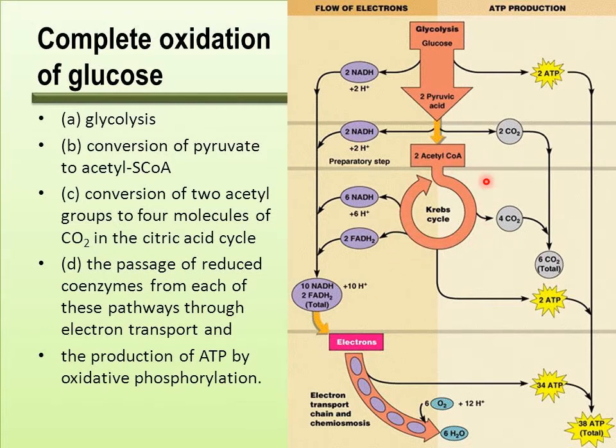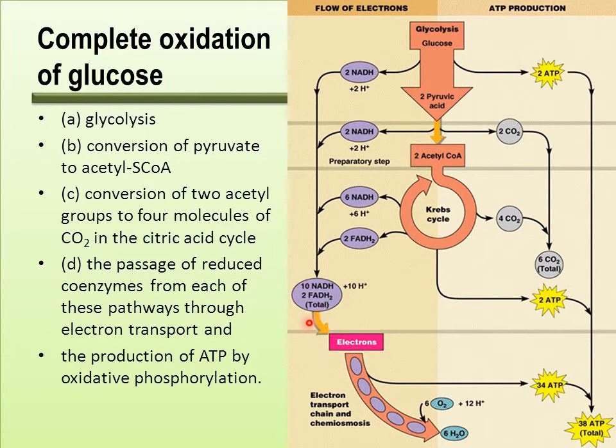So each one goes through, that's 2 turns, 6 NADHs, 2 FADH2, 4 carbon dioxide, and then the passage of those H's, you got 10 NADH total, 2 FADH2. Each NADH is going to produce 3 ATPs, and then FADH2 produces 2, and we'll talk about that in a minute.